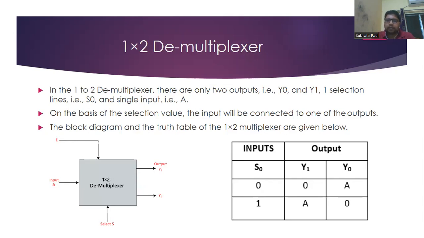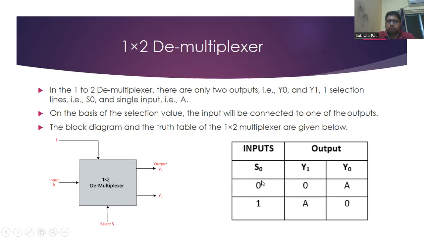In this case, we will have a single selection line, S0, and a single input, that is A. On the basis of the selection value, the input will be connected to one of the outputs. In the block diagram, you see we have a single input A, whereas we have the two different outputs Y1 and Y0, and the selection line is denoted as S0.